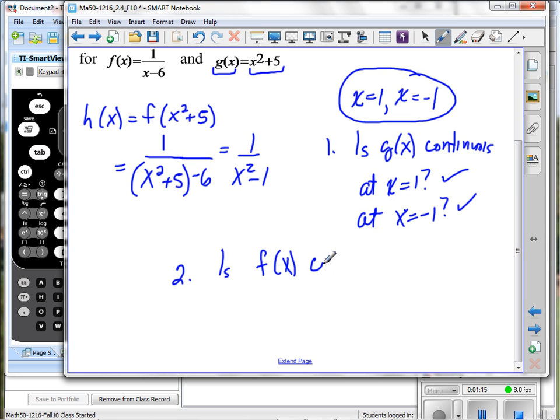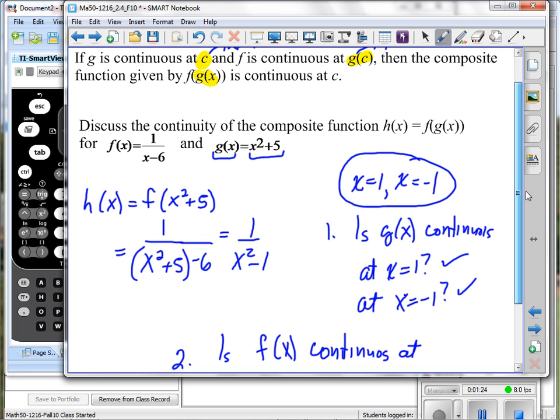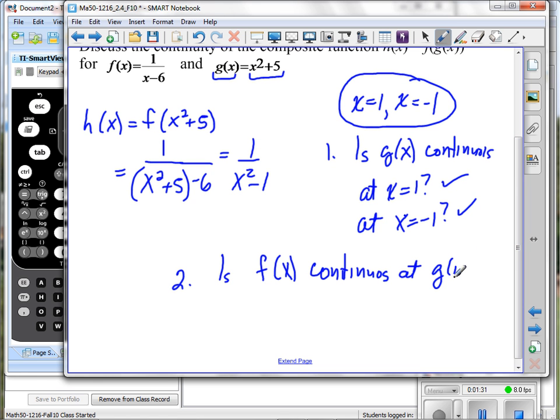Is f of x continuous at g of 1, and is it continuous at g of negative 1? Okay, so what is g of 1? G of 1 is 6. G of negative 1 is 6.